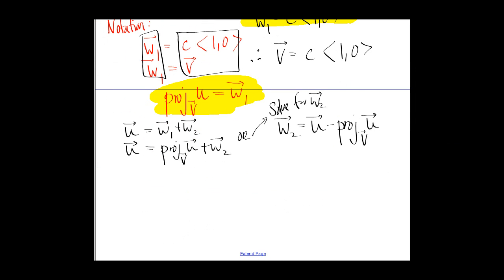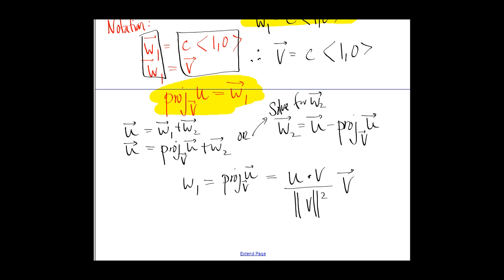So we can say that w sub 1 is equal to, of course, the projection of u onto v. So it is the same thing as u dot v all over the magnitude of v squared, times vector v.